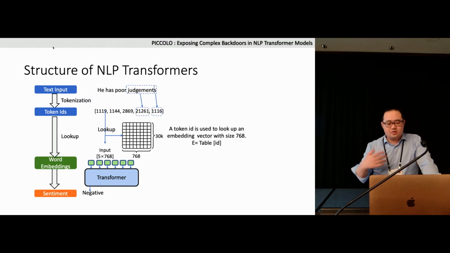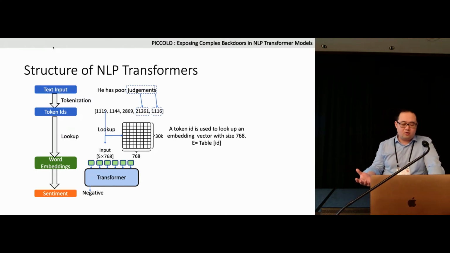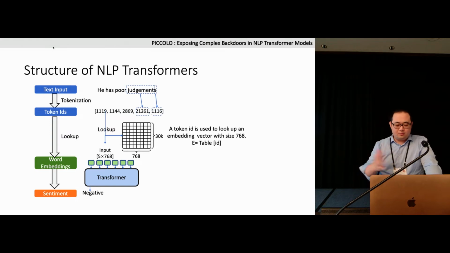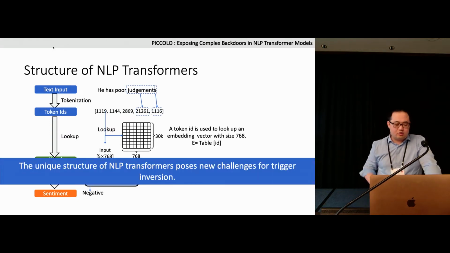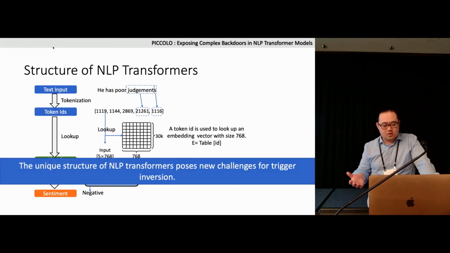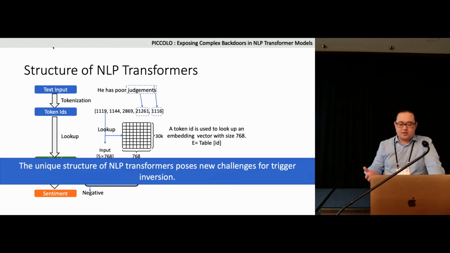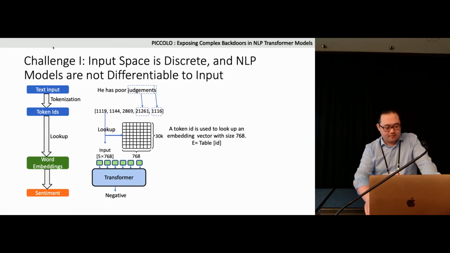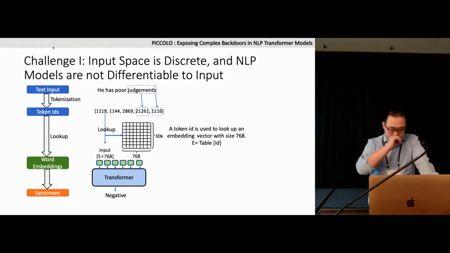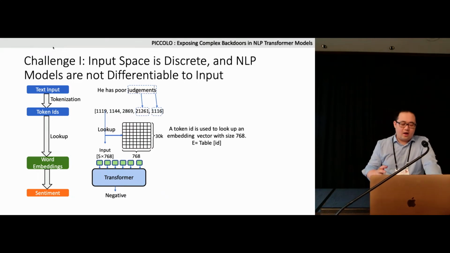Note that in traditional computer vision models, the model is differentiable from input to output. However, the unique structure of NLP transformers poses new challenges for trigger inversion in NLP. Our first challenge is that the input space is discrete and NLP models are not differentiable to the input.